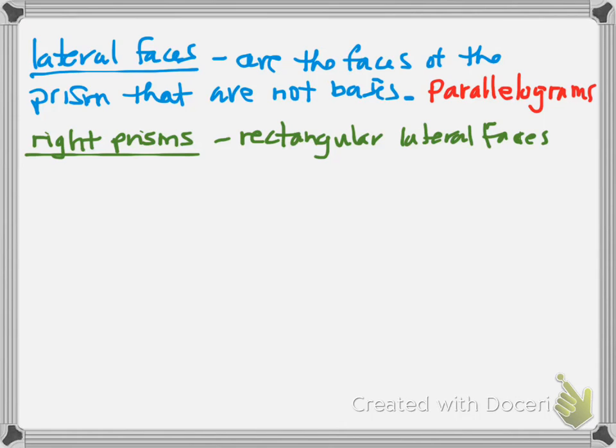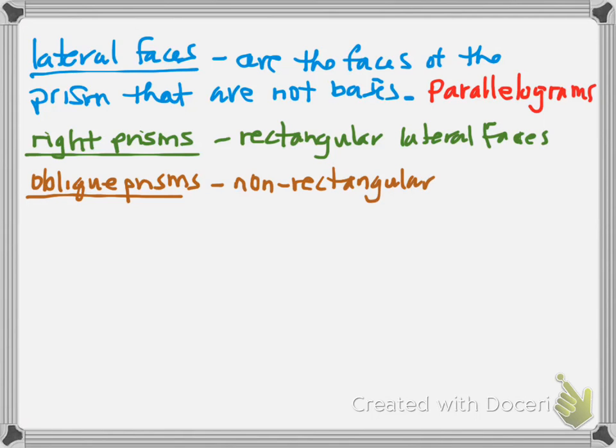And then we also have what are called oblique prisms. And those have non-rectangular lateral faces. So the right prisms, you either can have rectangle faces or you can have square faces, since squares are rectangles. And the oblique prisms are going to have parallelograms.